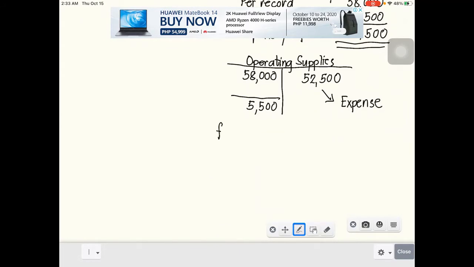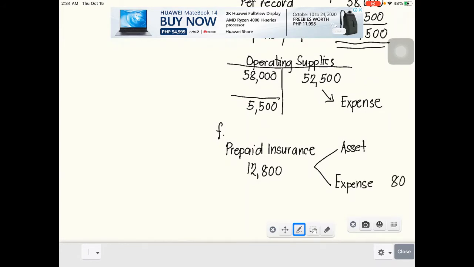So what letter is this? F. So prepaid insurance, 12,800. So meaning we have the asset portion and the expense portion. 800 has expired now. So how much is left as a prepaid portion or as an asset? So we have 12,000.